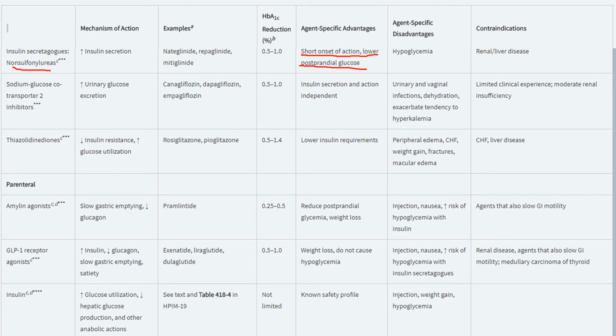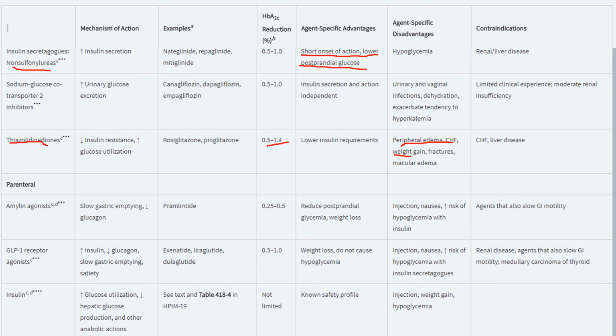Thiazolidinediones, rosiglitazone and pioglitazone, are somewhat effective. They can get a reduction up to 1.4, but they can be particularly problematic in patients who have edema.